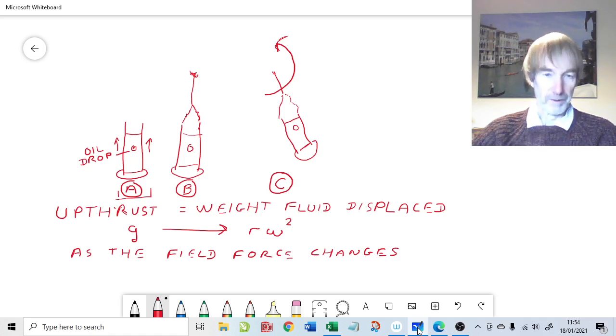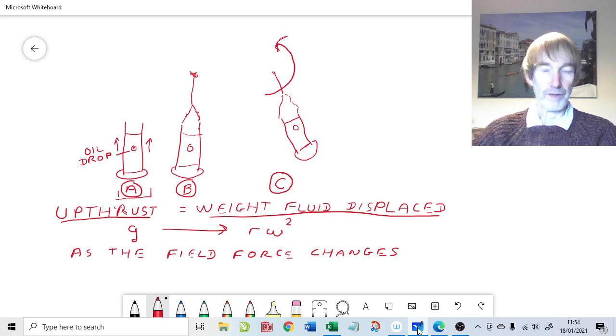And the reason behind that is, of course, Archimedes' principle. When a body is wholly or partially submerged in a fluid, it experiences an upthrust equal to the weight of the fluid displaced. So that oil droplet displaces a certain amount of water.